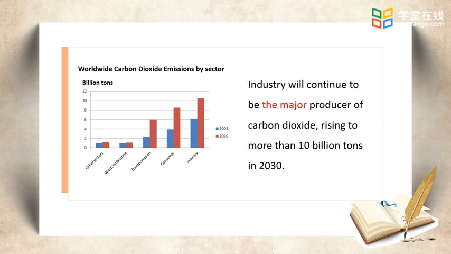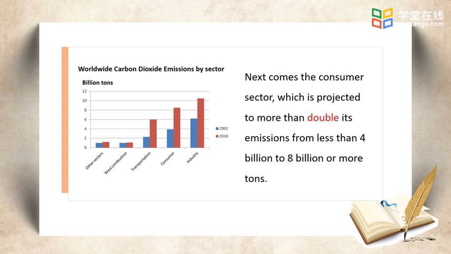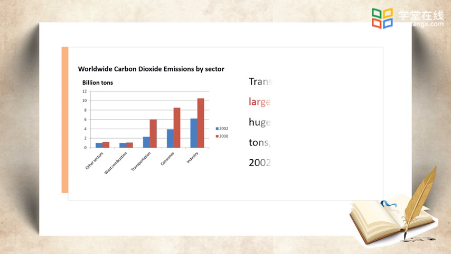Industry will continue to be the major producer of carbon dioxide, rising to more than 10 billion tons in 2030. Next comes the consumer sector, which is projected to more than double its emissions from less than 4 billion to 8 billion or more tons.